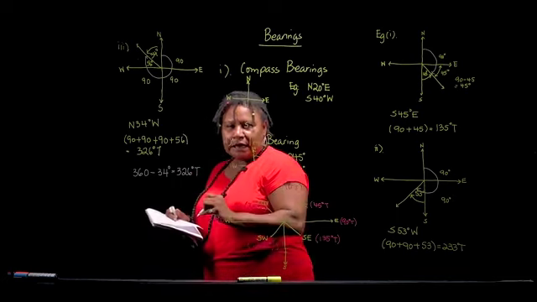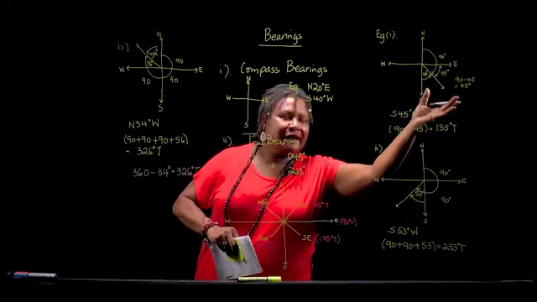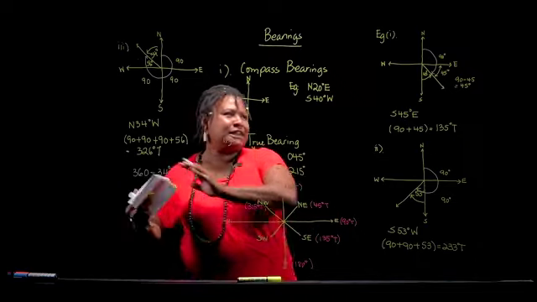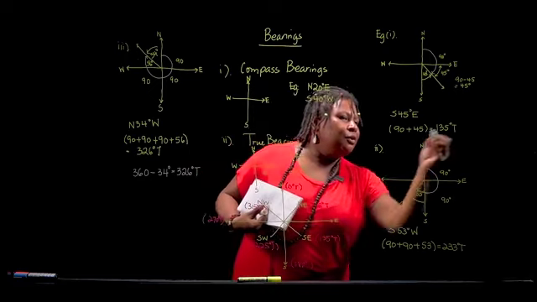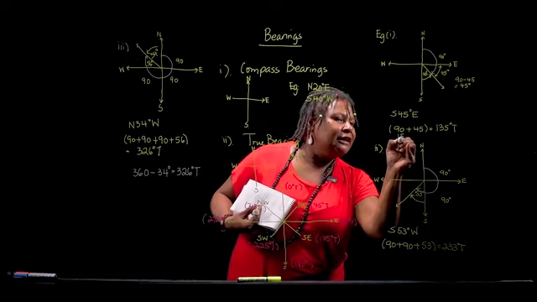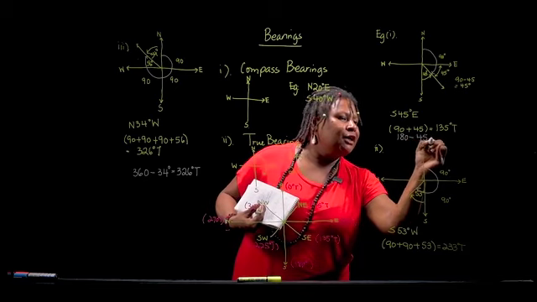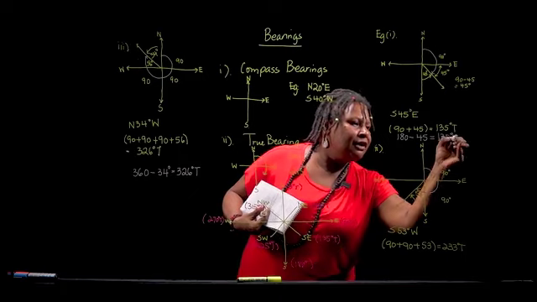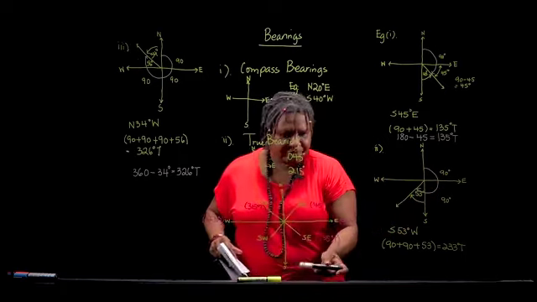Now, if you go back to example number 1, that method could have been used as well. But instead of 360, we have 180. So 180 minus 45 would have given us 135 degrees.